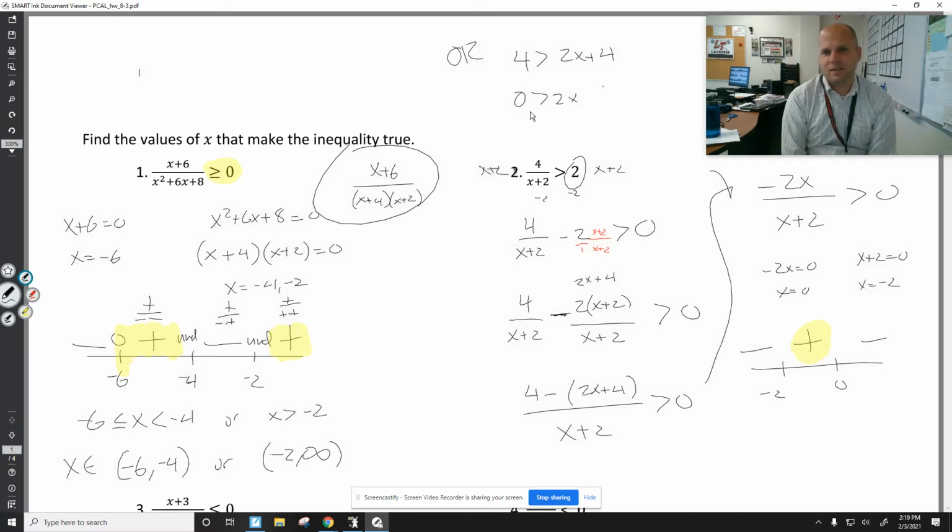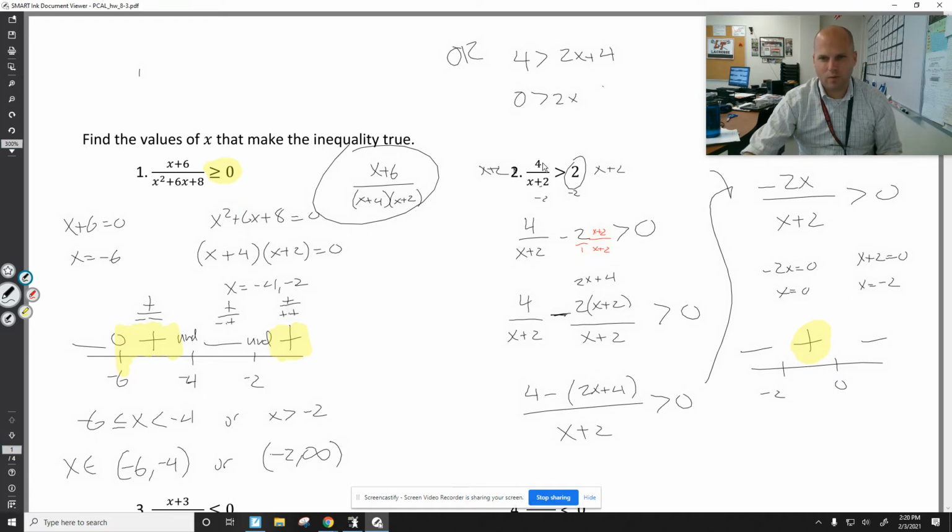But it's not, because if I look at -3, I get 4 over -3 plus 2. If I solve this, I get any negative number. But if I look at something like -3, I get 4 over -3 plus 2, which is -1, and that's -4. That's definitely not bigger than 2.